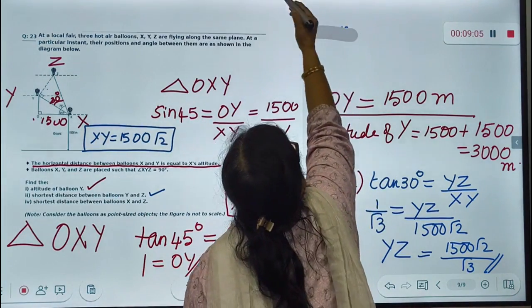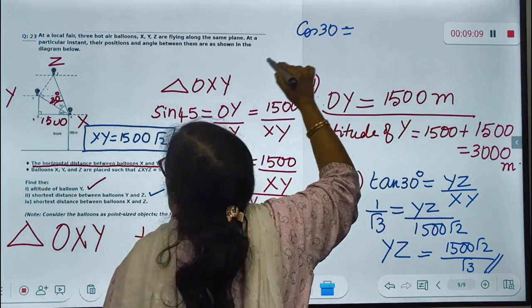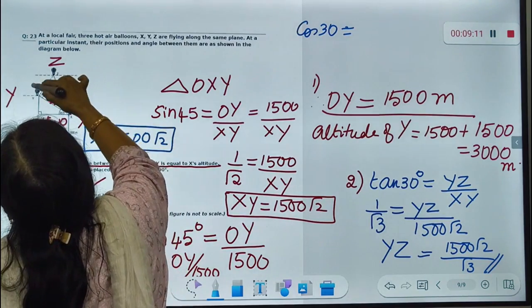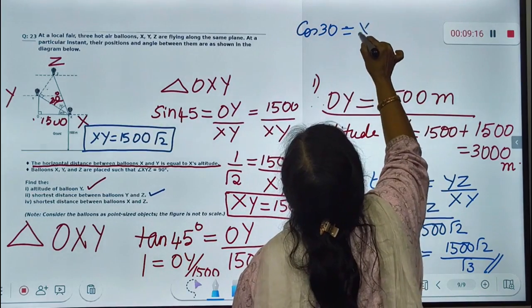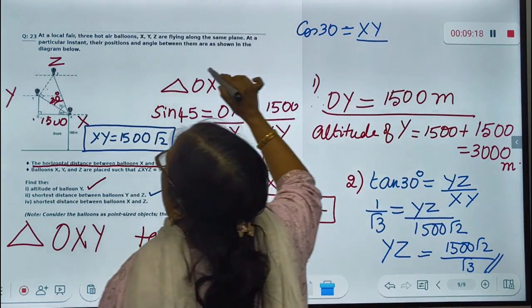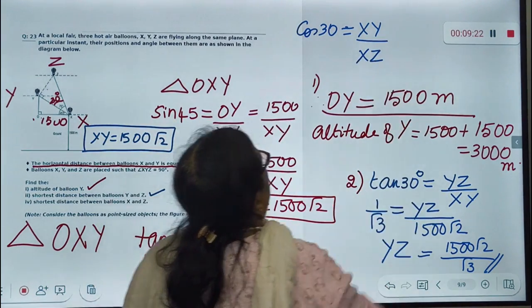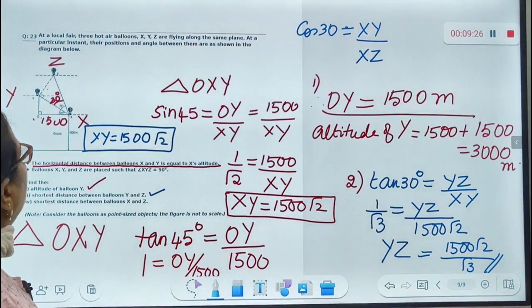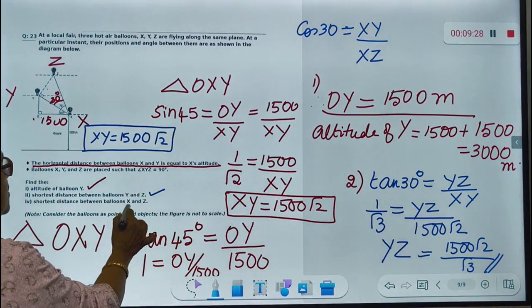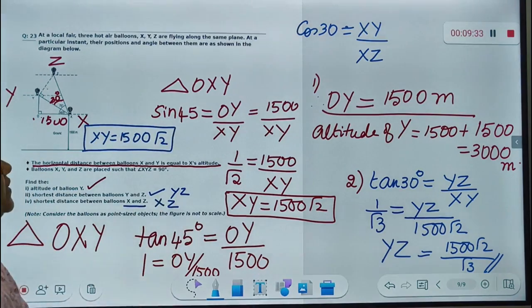Cos 30 is equal to, for this triangle, adjacent side XY by hypotenuse XZ. Now cos 30 you know is root 3 by 2. This is YZ, this is XZ. I have to find XZ.